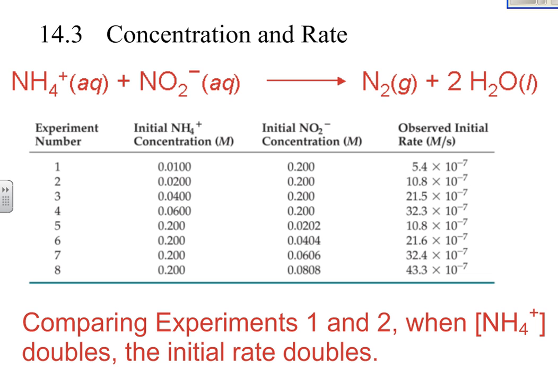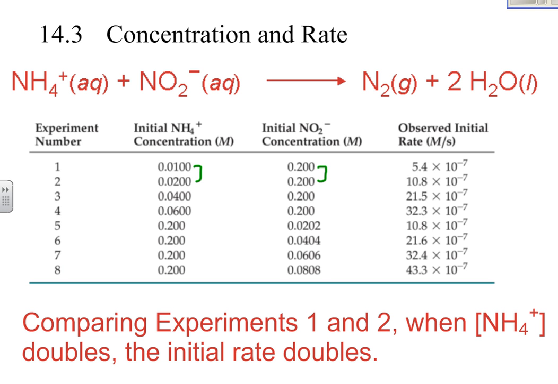If we compare experiments 1 and 2, in these we double the concentration of the ammonium and, trying to keep our conditions controlled, we kept the concentration of the nitrite constant. So again, you can see the doubling of the concentration here and the initial concentration of the nitrite constant.